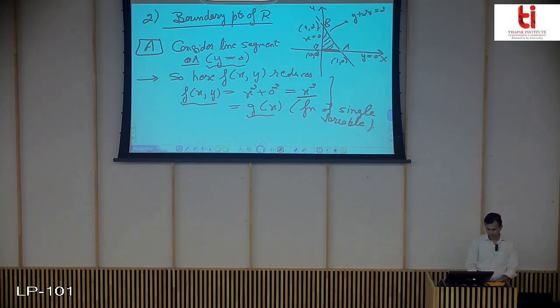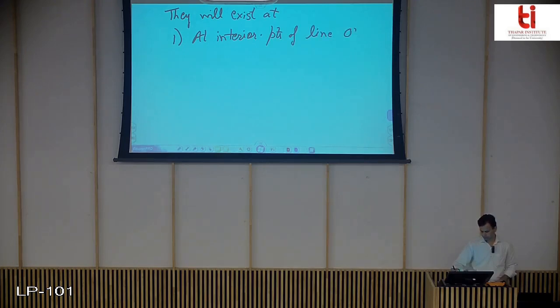Now for the extreme values, they will exist first at interior points of line OA.